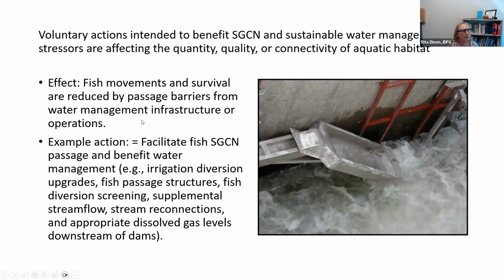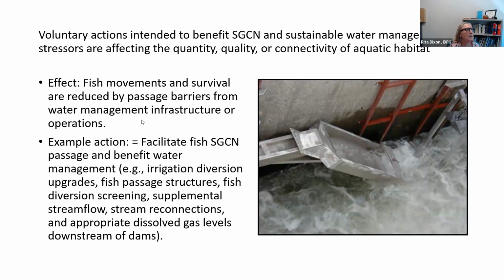Another example. The last one was generally talking about terrestrial, but we also need to deal with connectivity in aquatic habitats. So this is just an example from our aquatic side. These are actions that are intended to benefit species of greatest conservation need and sustainable water management if the stressors are affecting the quantity, quality, or connectivity of aquatic habitat.